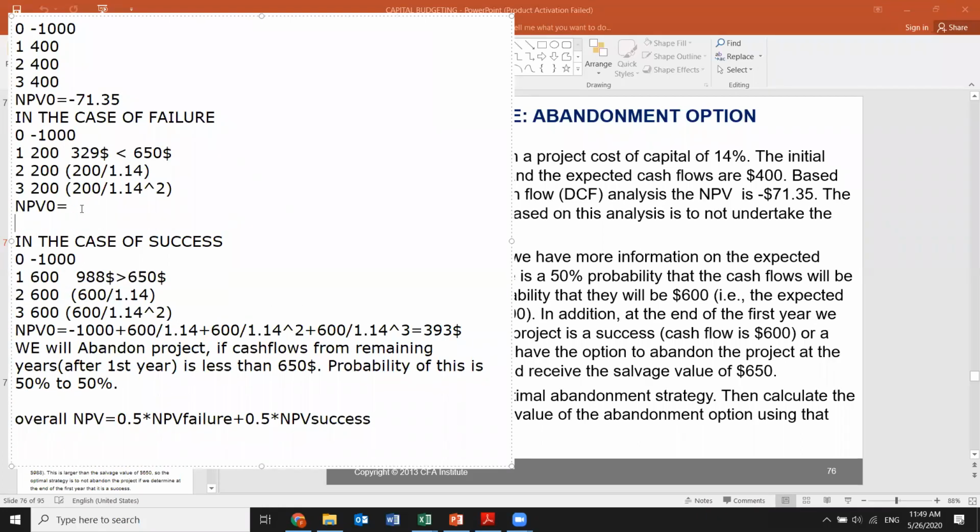But in the case of failure, that means you will not continue. You will use only the first 2 years and you will just sell it with the options, okay? In case you're just liquidating your project after the first year. So minus 1,000 plus, open the bracket, $200 plus $650.